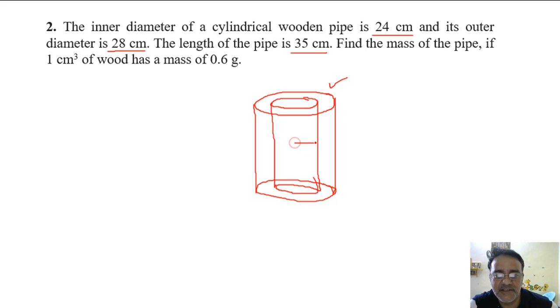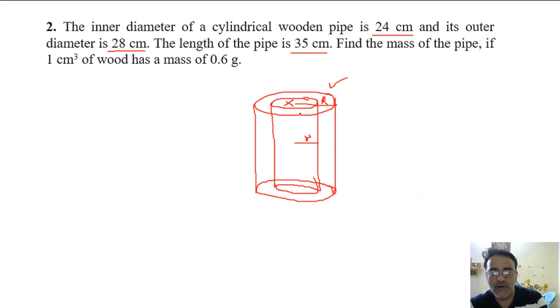Right. Suppose this is small r and this is capital R. So the volume of the outer cylinder is pi capital R square h and the volume of the inner cylinder is pi small r square h, and this is the empty one.